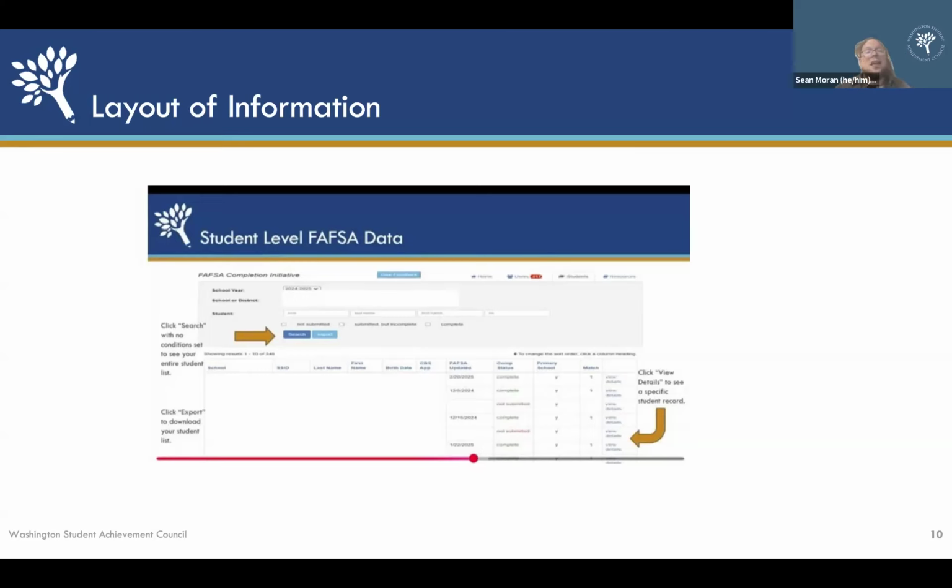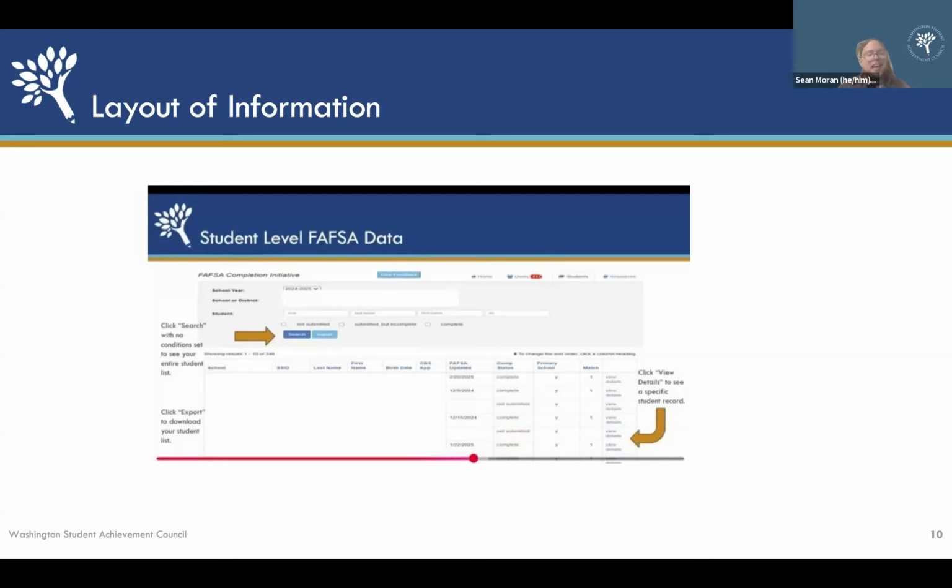Not submitted means that we have no records that their FAFSA applications have been processed by the Department of Ed. Submitted but incomplete means that they probably have errors. We do have a record that was submitted and processed.